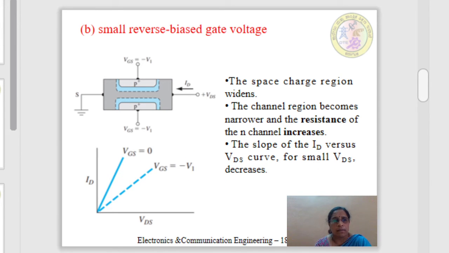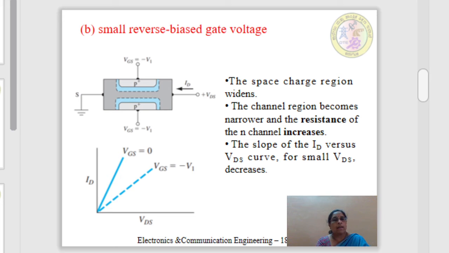Now in this second condition, what happens to this operation when a small reverse bias gate voltage is applied? When a small reverse gate bias is applied to the gate terminal, its direct impact is seen on the width of the depletion regions. Here the depletion regions, or the space charge region width, is going to increase, and because of this, the effective channel region available for conduction is reduced.